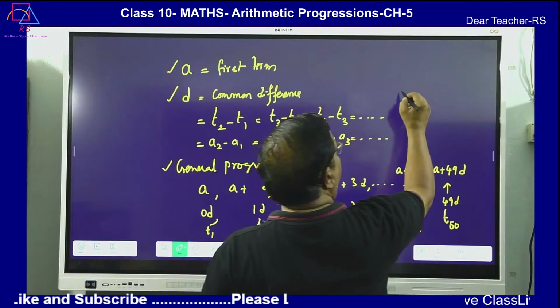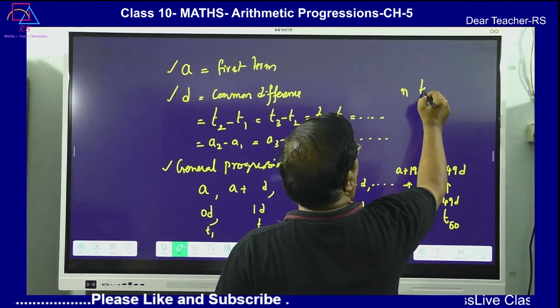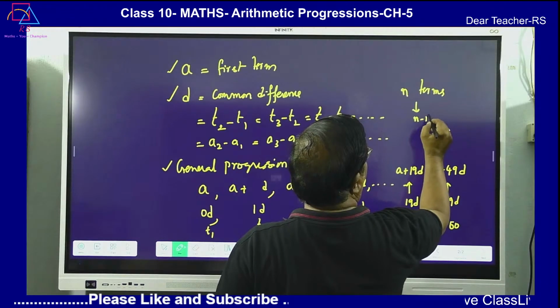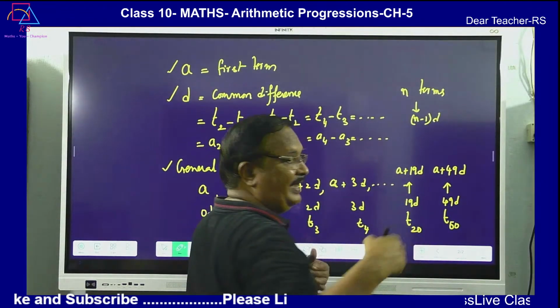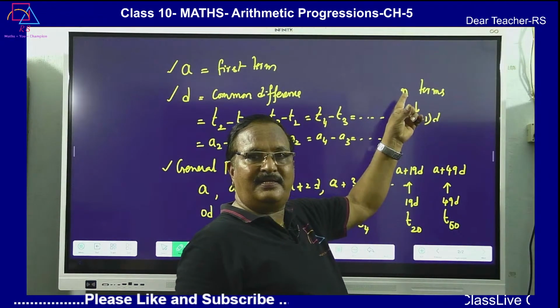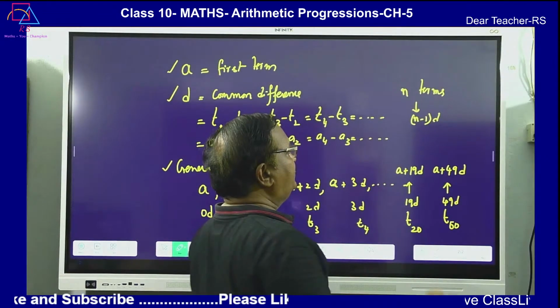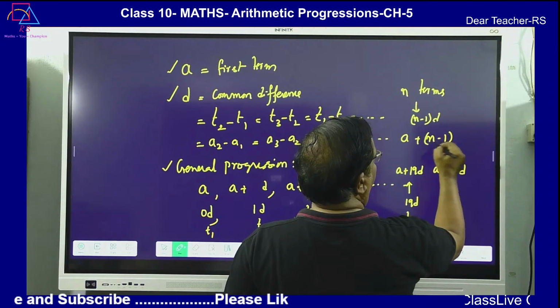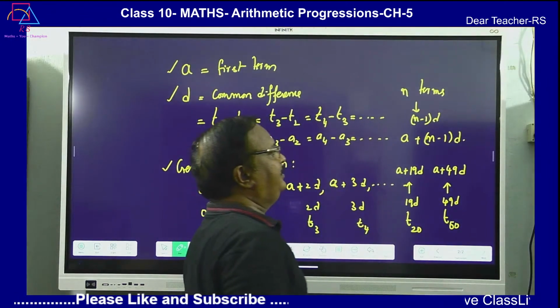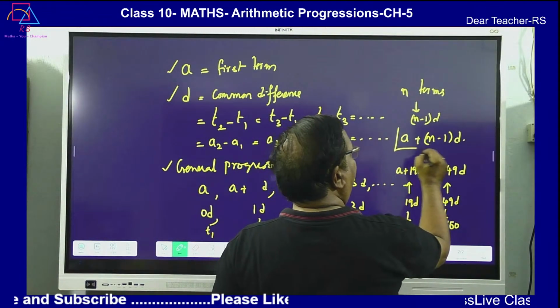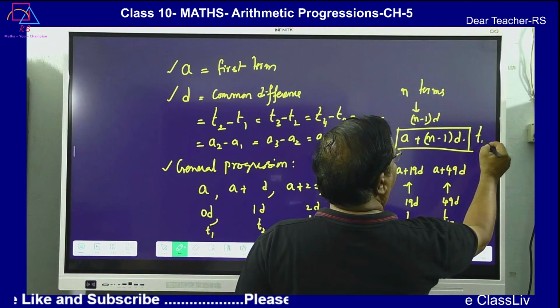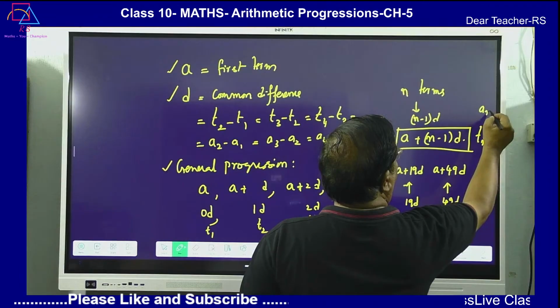Suppose n terms are there. In this, n minus 1 Ds will be there, because it is one less than n. So then the term is A plus n minus 1 into D. You can use the formula for Tn or An.